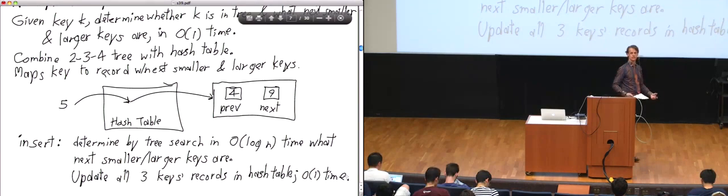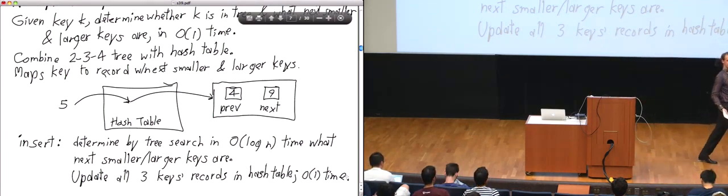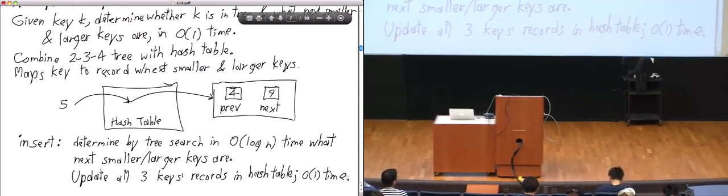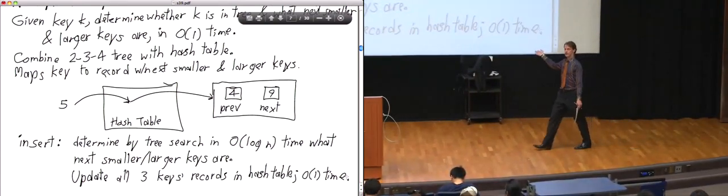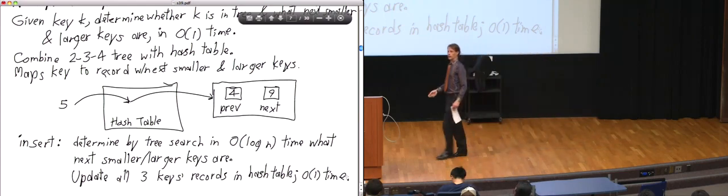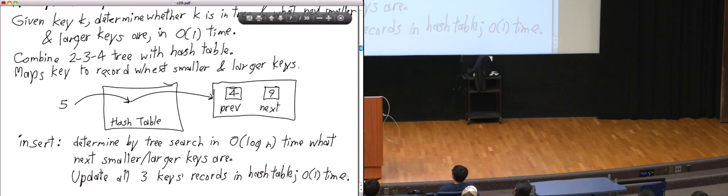Or to be precise, constant expected amortized time. So add it all up, and my insert operation still takes log n time. The constant is a little bigger, but it still takes log n time, and I can do this other operation in constant time.